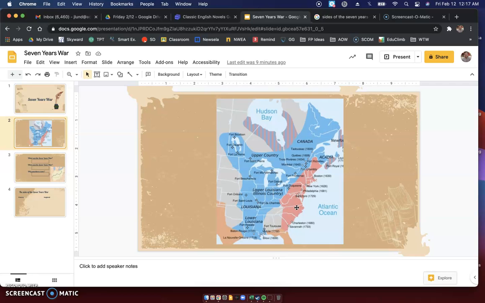Okay. Now, some of these red cities here should look familiar. Baltimore, Philadelphia, New York, like I said. Some of these blue ones here should look very familiar too. Okay. So right here, these white lines are the state outlines today.